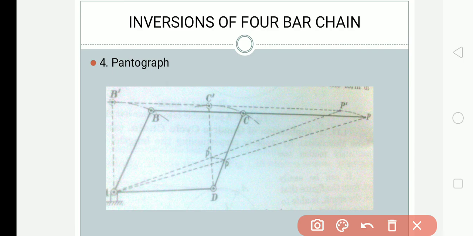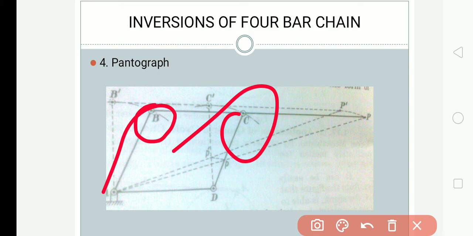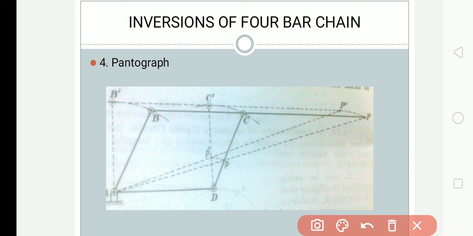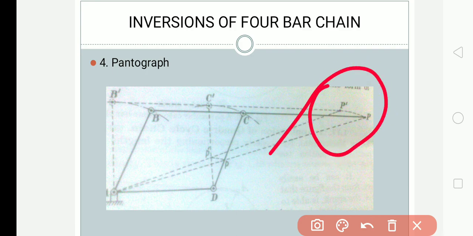So depending upon the position of point B and point C, the position of point P will change. That is the pantograph. It is also used as an indication mechanism. Depending upon the position of the point P, we can calibrate or measure different values. That is the fourth inversion of 4-bar chain.